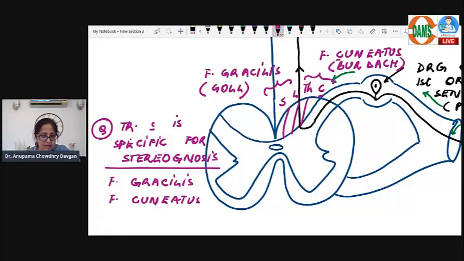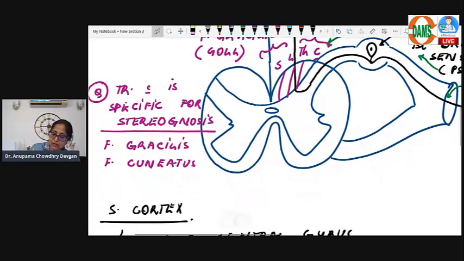Now, if I have to choose between the two, though stereognosis is carried by the posterior column, and both fasciculus gracilis and fasciculus cuneatus are posterior columns, which is the tract which is going to be specific for stereognosis?